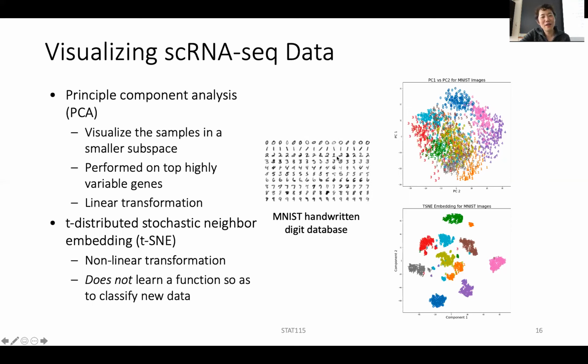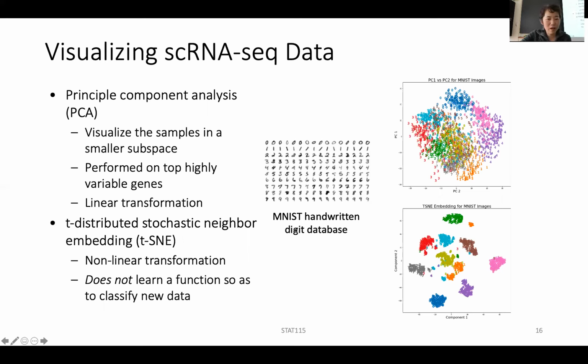And if you use PCA to embed this, you can see a lot of zeros are on the top and ones are on the bottom and fours are in here. You see some reasonable separation, but there are things that overlap.